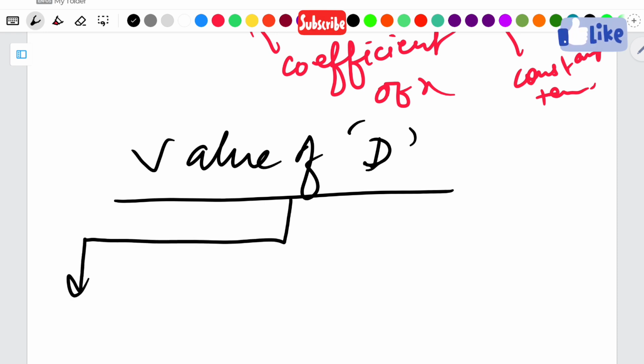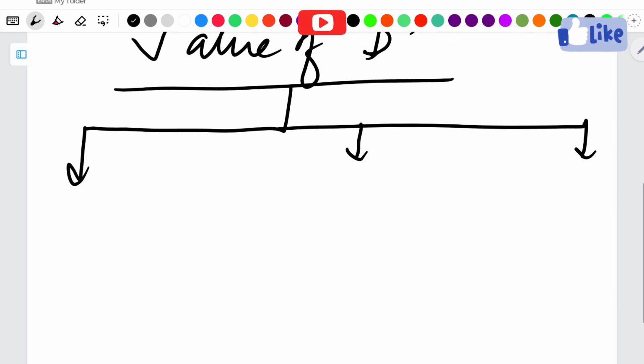It can have three types of value. If D is greater than 0, D can be equal to 0, or D can be less than 0.